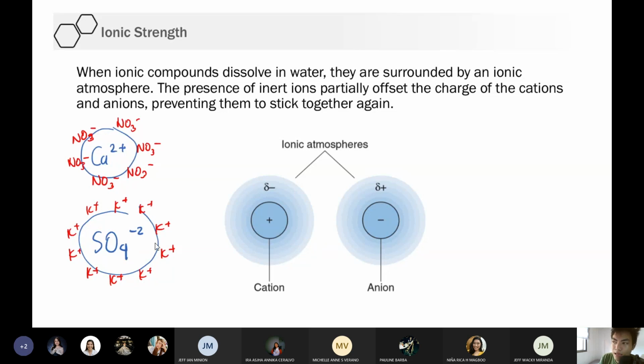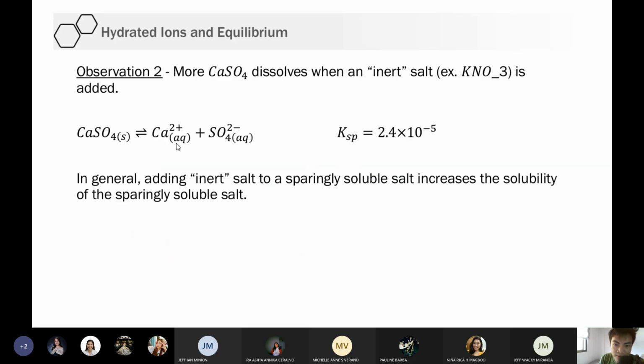Since we have inert ions dissolved into the ionic atmosphere of our precipitate ions, their tendency of coming back together will be decreased significantly. Because there are other ions around them, that prevents them from sticking back together, and that's why, in our example here, our precipitate solubility increases when we add inert ions.